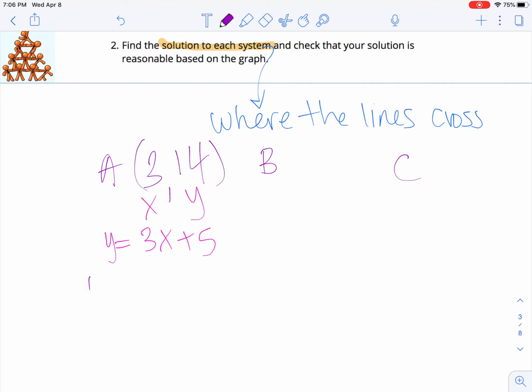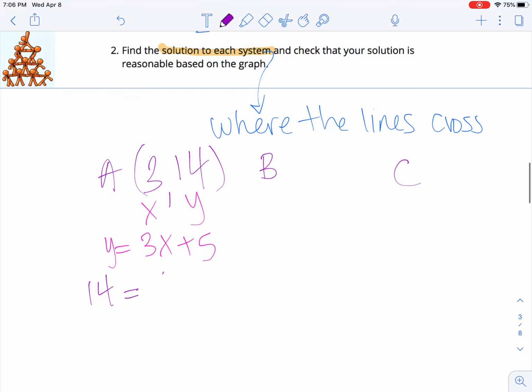So 14 is here, right? Because y. And then x is 3. So 3 times 3 plus 5, 14 equals 9 plus 5. And yeah, 14 equals 14.